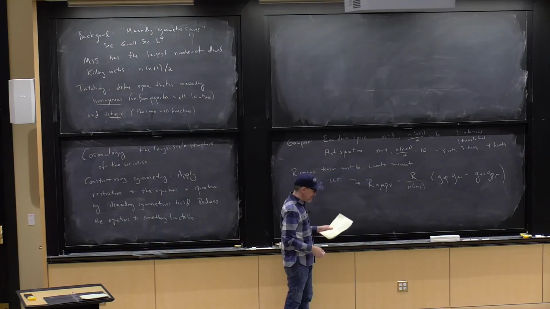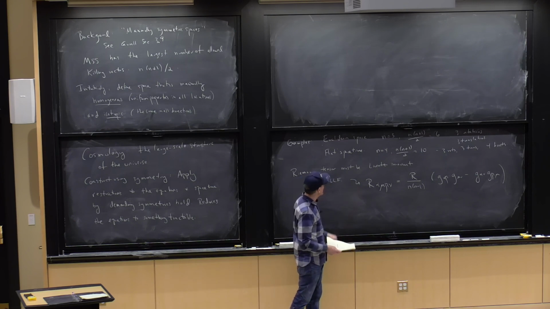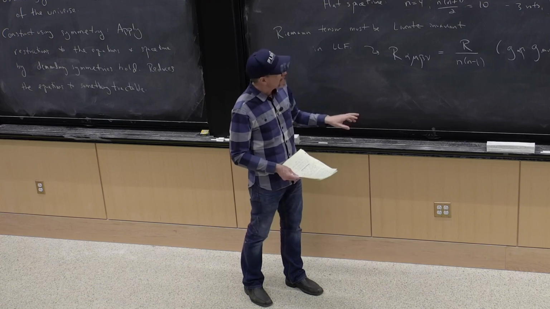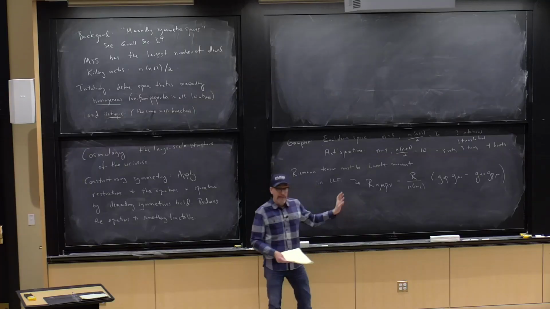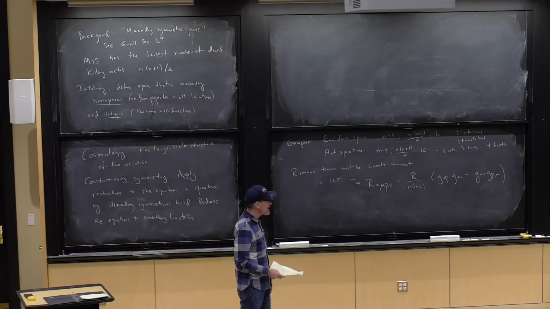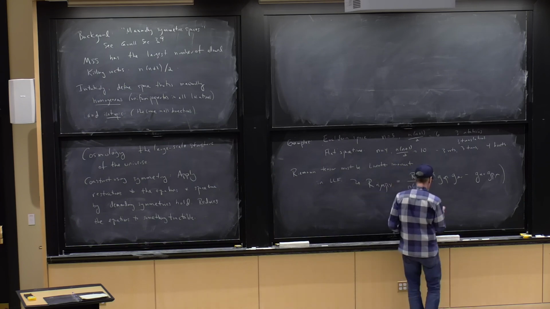Carroll goes through this in some detail. Essentially, this is the only way in which I am guaranteed to create a tensor that is Lorentz invariant in a local Lorentz frame. So I go into my local Lorentz frame and I must have a form that looks like this. This is a way of putting all my metric tensors together in such a way that I recover the symmetries of the Riemann tensor. n is my number of dimensions.